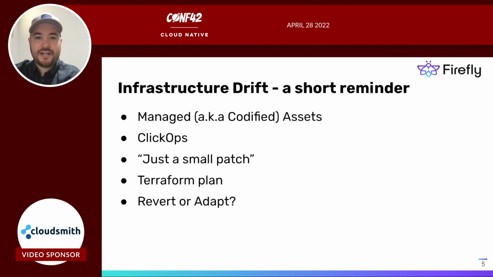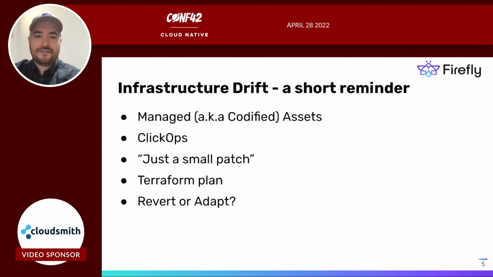The opposite of managing cloud assets with code is doing it manually through the cloud console or user interface, what we like to call ClickOps, which stands for click operations. Infrastructure drift starts when the infrastructure drifts away from the code. When we want to make just a small patch here and there, we tell ourselves that we'll add it to the code later, but we usually never do.